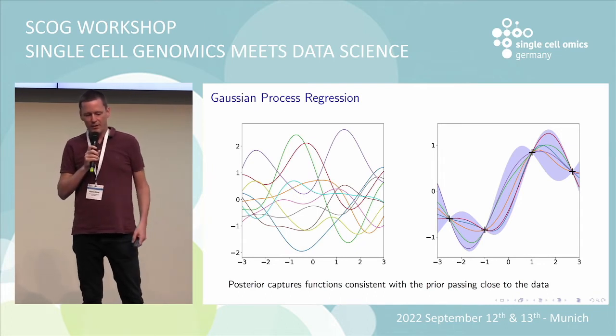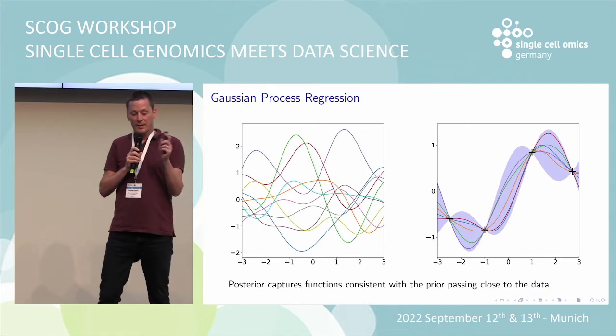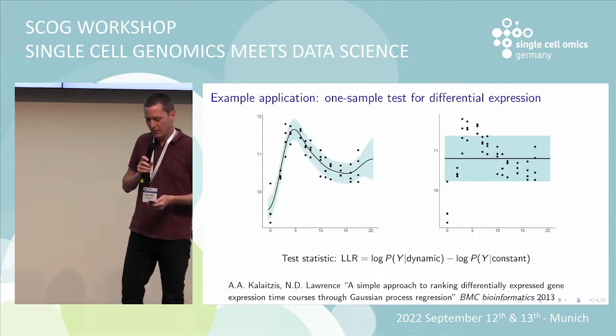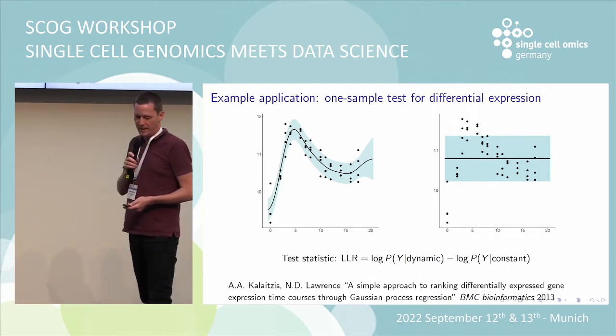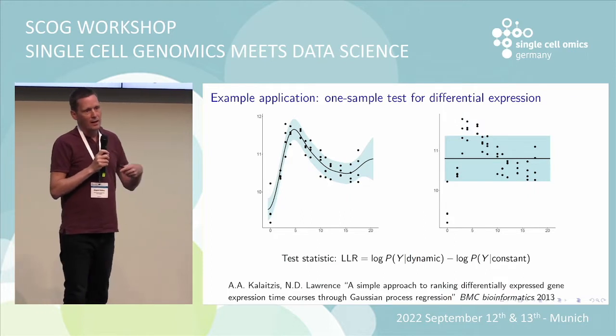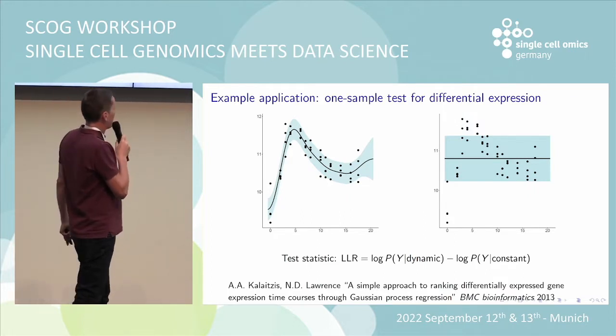Gaussian process regression is where you combine one of these covariance functions with data, and then you can learn a nonlinear regression through the data. And as an example application here, I'm showing on the left-hand side a fit to a Gaussian process.